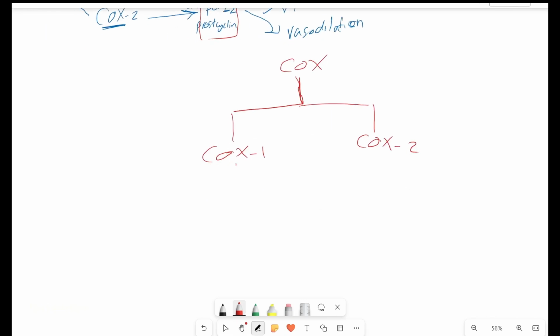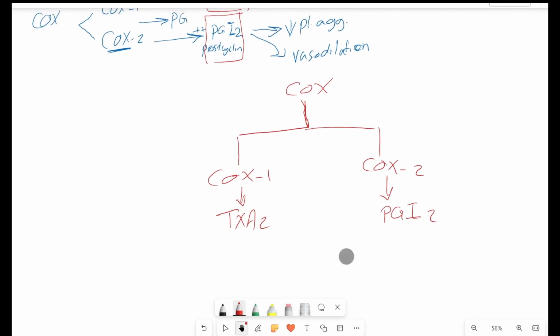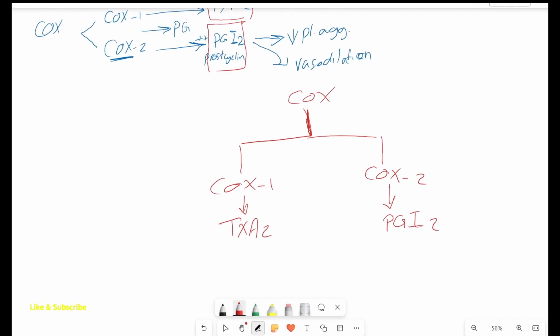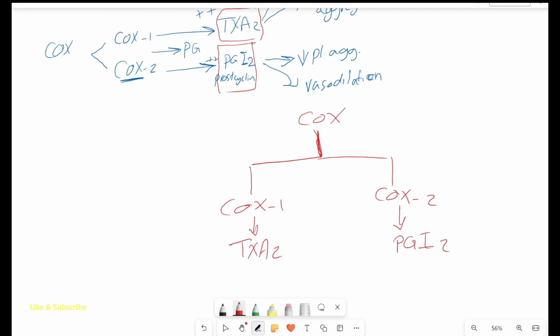We know that COX-1 is responsible for thromboxane A2, and this one is responsible for prostacyclin I2. We are good until this point. So our medication now is Celecoxib. You prescribe Celecoxib to your patient.